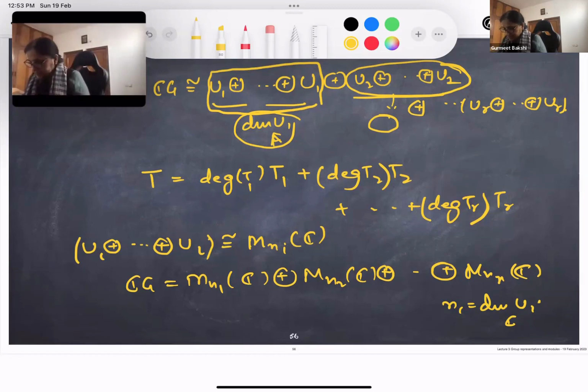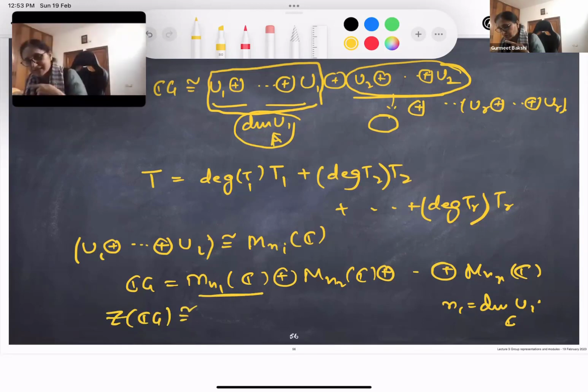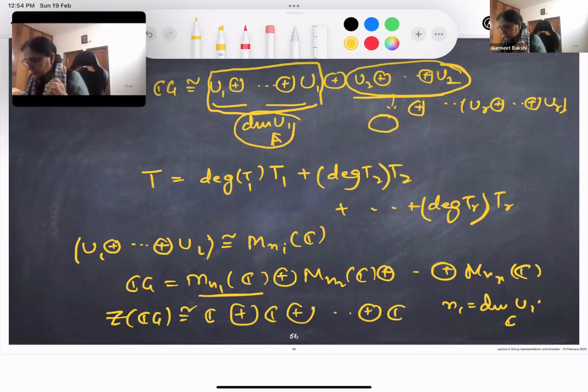And now you take the dimension over C. Now you take the center. The center of CG will be isomorphic to the center of this, which is scalar matrices. So scalar matrices, meaning that it's isomorphic to C direct sum, r times, where r is the number of non-isomorphic irreducible CG-modules.